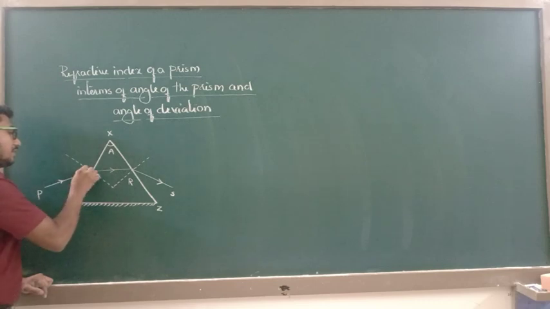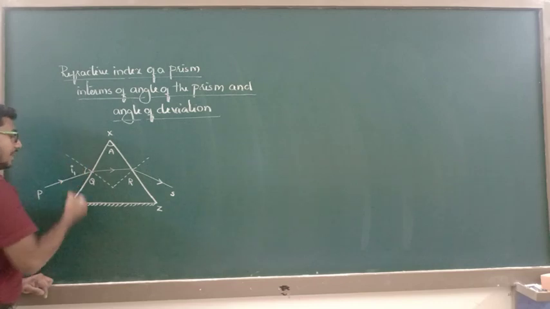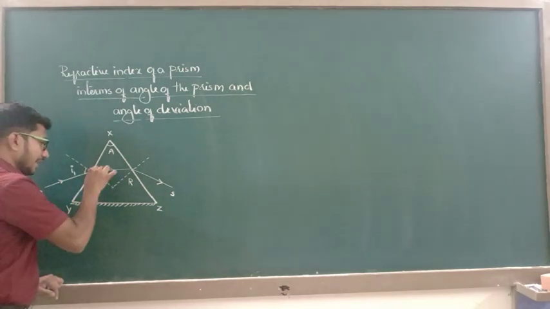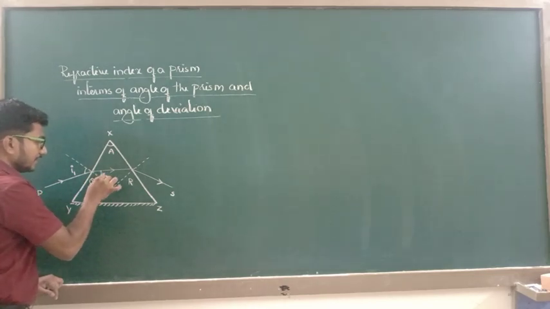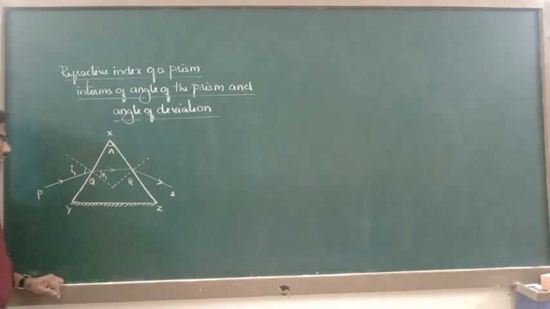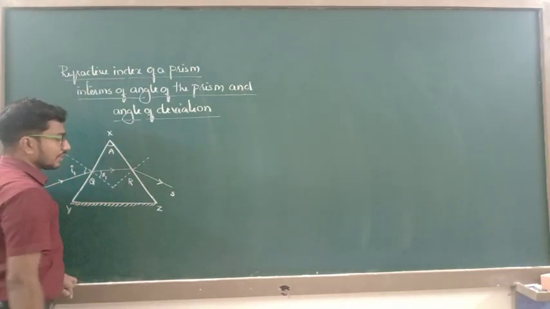At this point, angle between incident light ray and normal, this angle is known as angle of incidence and it is represented by I1. Angle between refracted light ray and normal, this angle is known as angle of refraction. Let us say R1. Now from denser to rarer, it bends away from the normal.